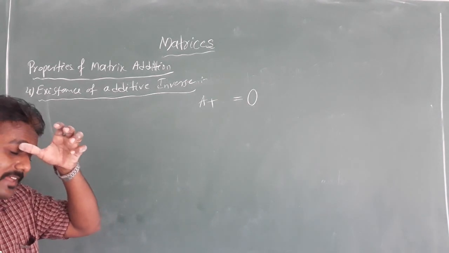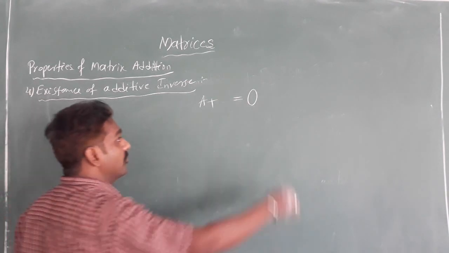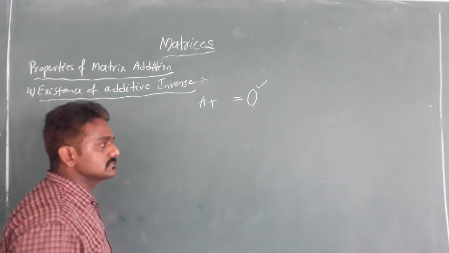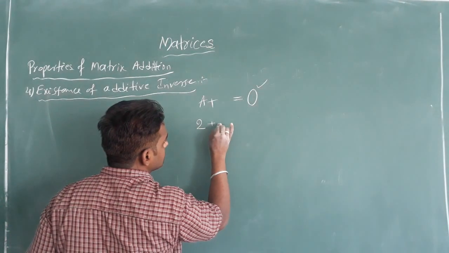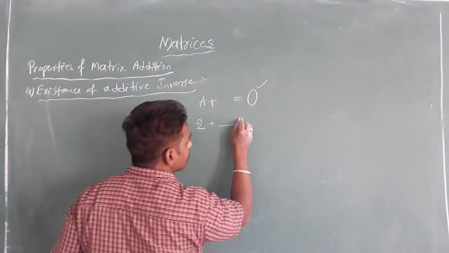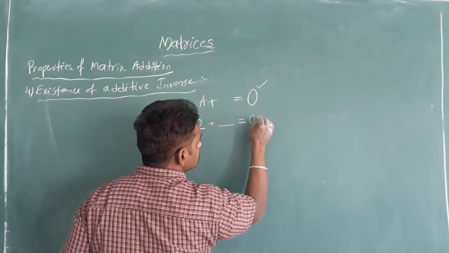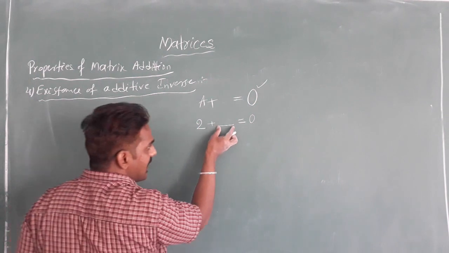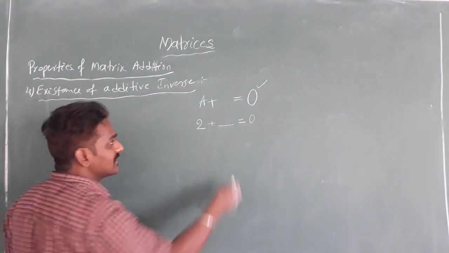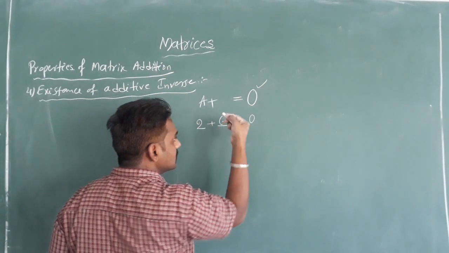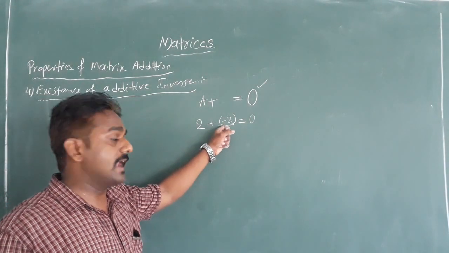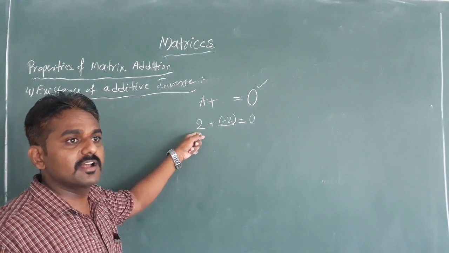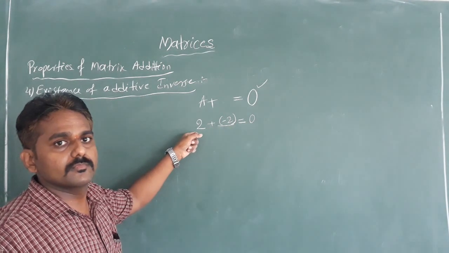What is that matrix to obtain the zero matrix? See, if I have the number 2 plus some value that equals 0, in the blank space what should be the answer? That is minus 2. Therefore minus 2 is the additive inverse of the given 2.